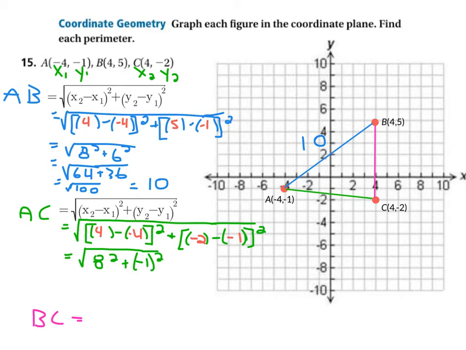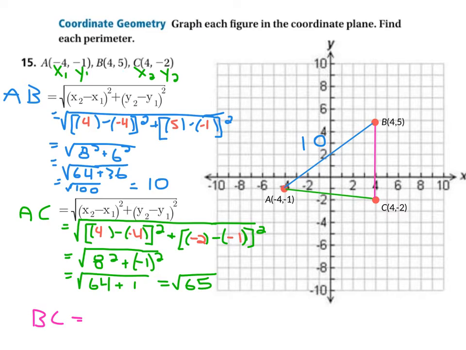I put that in parentheses because it's a negative that I'm squaring, so I have to do negative 1 times negative 1. If it didn't have parentheses, I wouldn't get that. So then you get the square root of 64 plus 1, which equals the square root of 65. That's not going to work out to be a nice whole number, so I'm going to leave it like that.